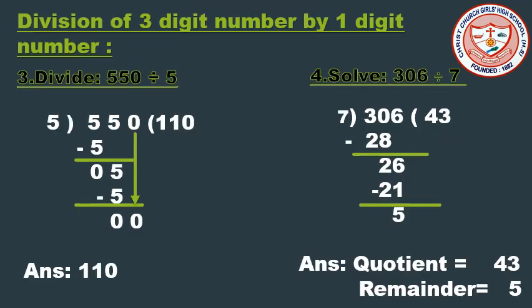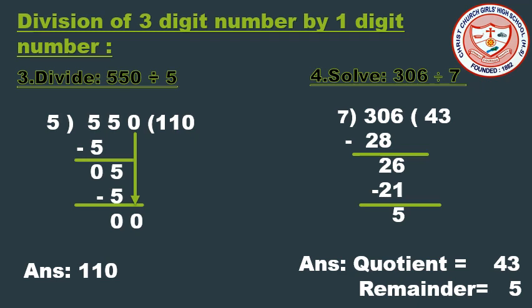Now girls, let us try out division of a 3-digit number by a 1-digit number. Number 3. Divide 550 by 5. Girls, how can we do that? Right. We are going to start the calculation from the left.